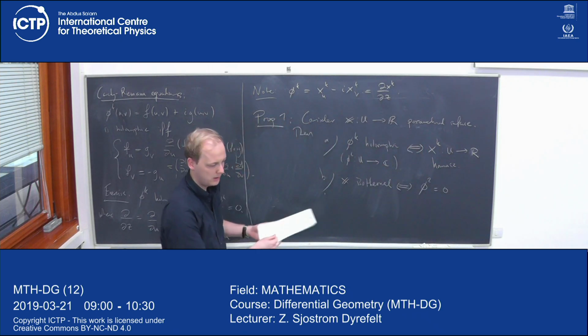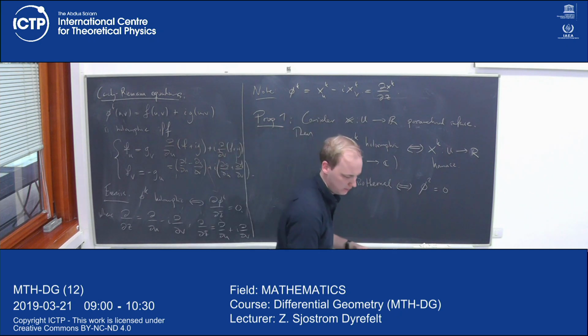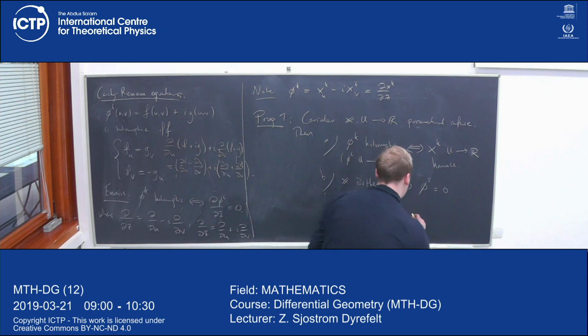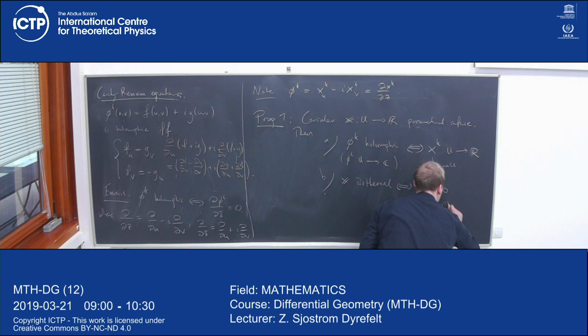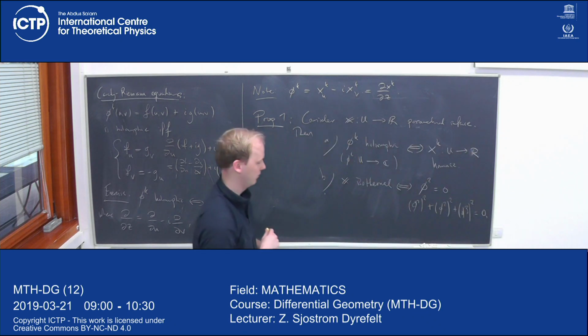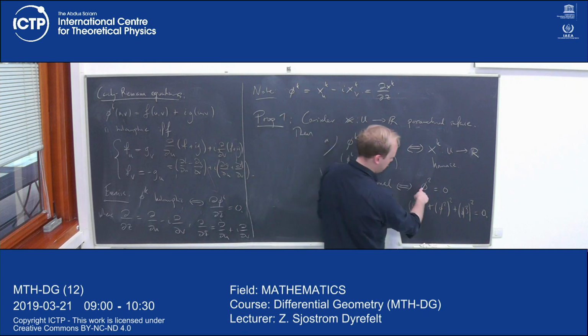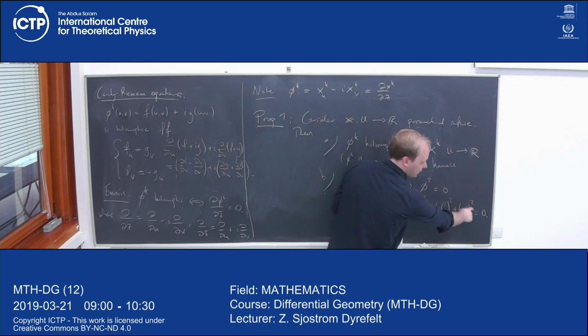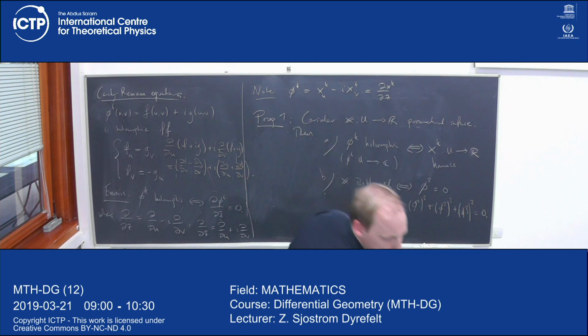What do I mean by phi squared? This is not phi 2, okay? So this is the vector, so this means that phi 1 squared plus phi 2 squared plus phi 3 squared equals 0. Okay, so this is the scalar product of phi with itself. So this condition holds for the coordinate functions.